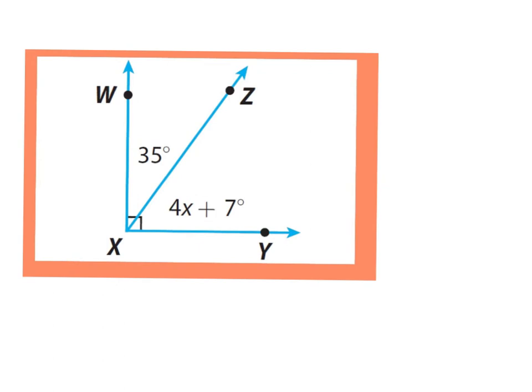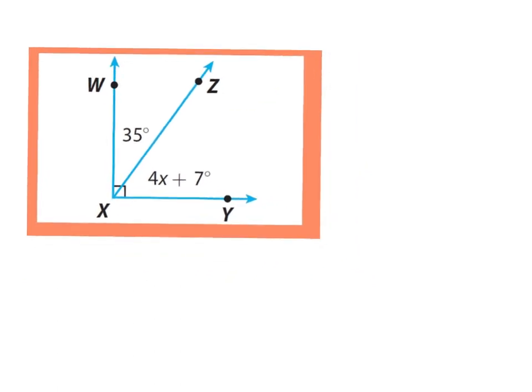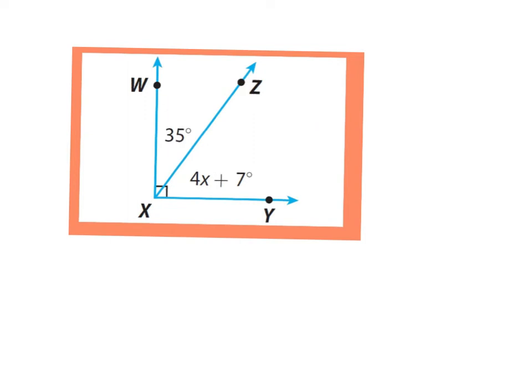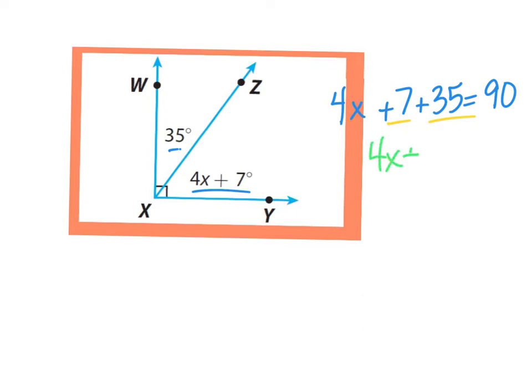I'm going to first set up my equation. I know that this expression plus 35 is going to get me to 90. So I'm going to write that out: 4x plus 7 degrees plus 35 degrees equals 90 degrees. Now my job is to combine my like terms, and so I have two constants, and I'm going to add 35 and 7, and I end up with 4x plus 42 equals 90.